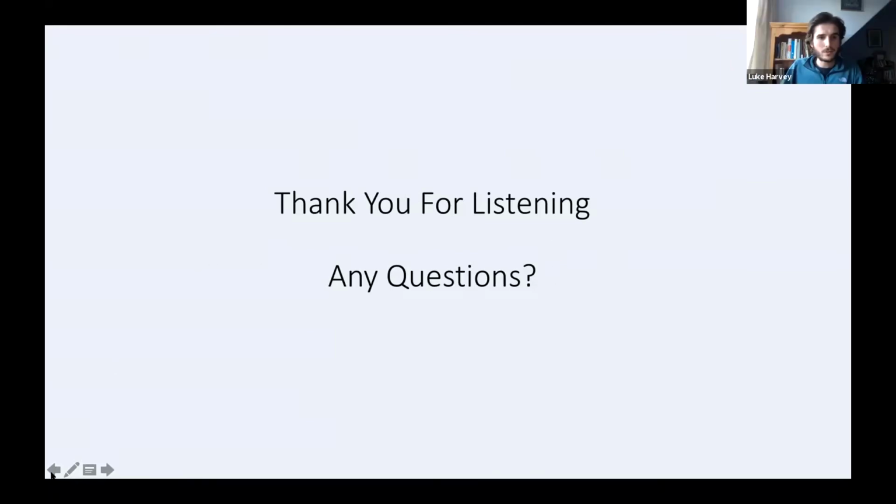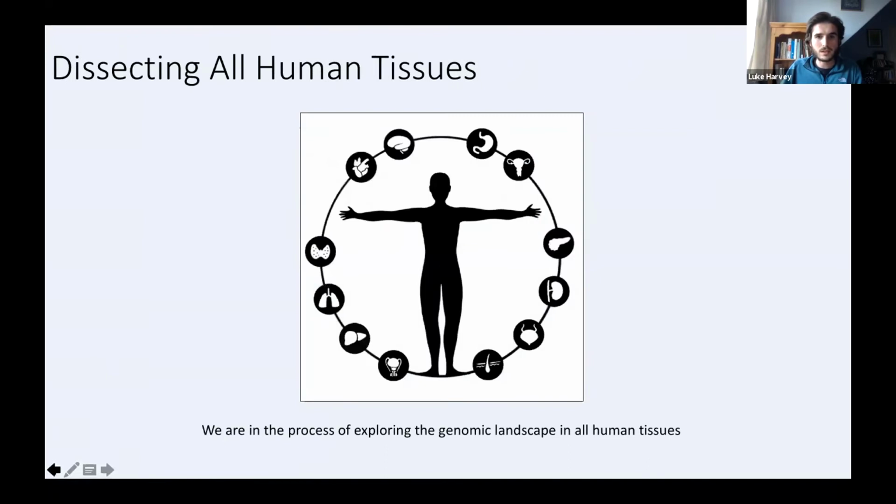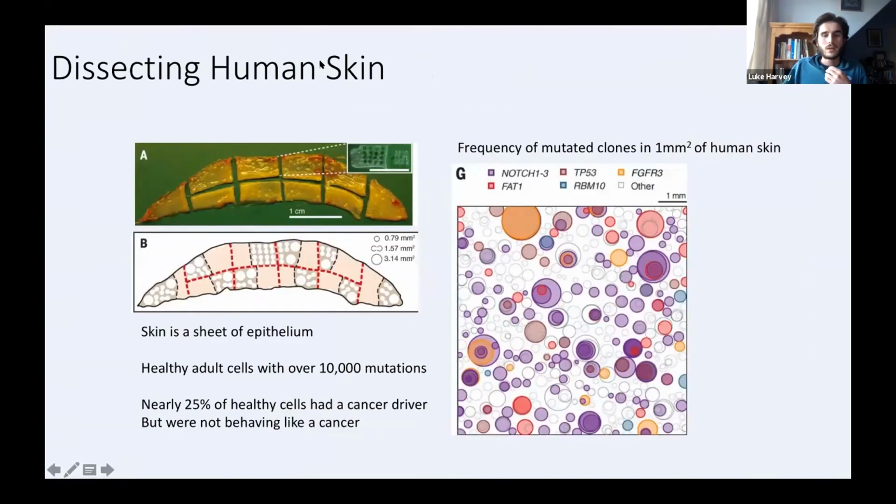So that's a very good question. So if we go back to this skin slide, I remember speaking to Sir Mike Stratton, who is the director of the Cancer Institute, and he was saying 10 years ago when they first sequenced the cancer genome, what they were expecting to find was in a cancer, you would have one driver gene that was mutated, and that would be causing all of that aberrant cell growth. And then after they sequenced that first cancer genome, they saw there were thousands of mutations across lots and lots of different genes.